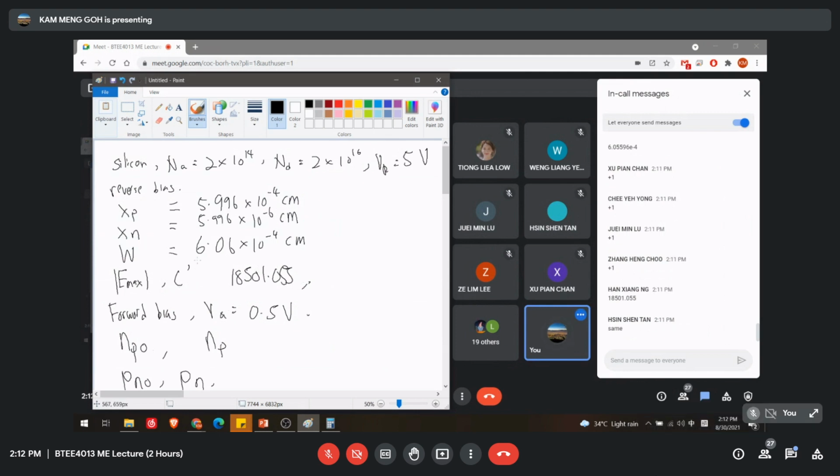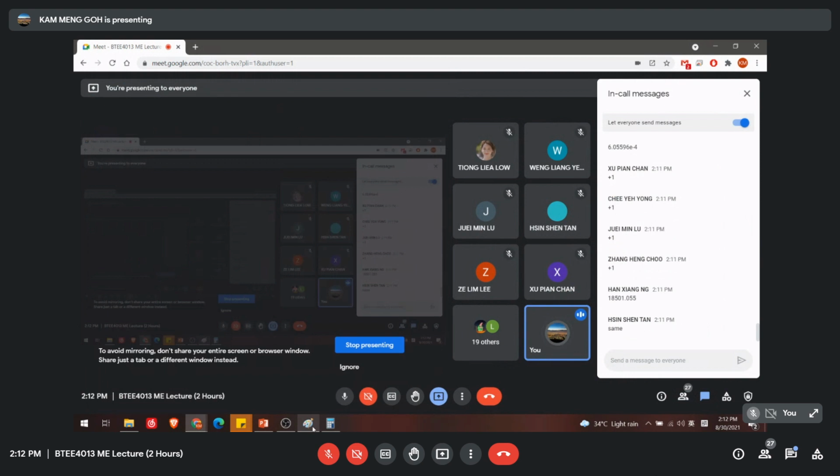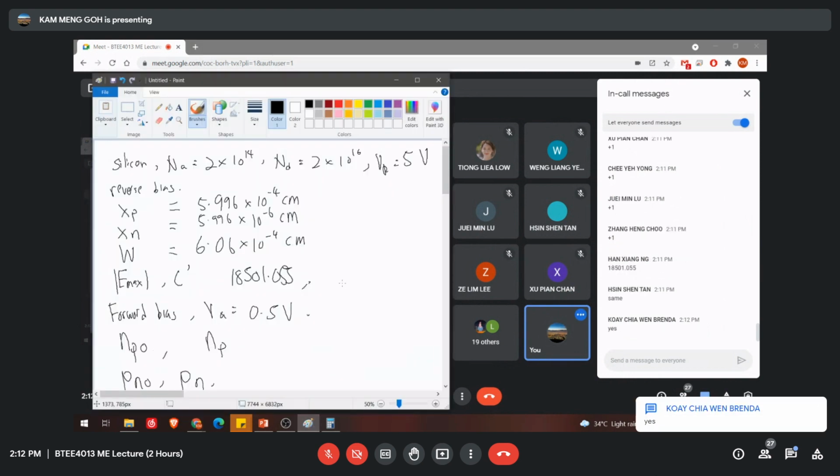And then the junction capacitance. Let me pick Brenda. Brenda, what is the junction capacitance? What value do you get for the junction capacitance?